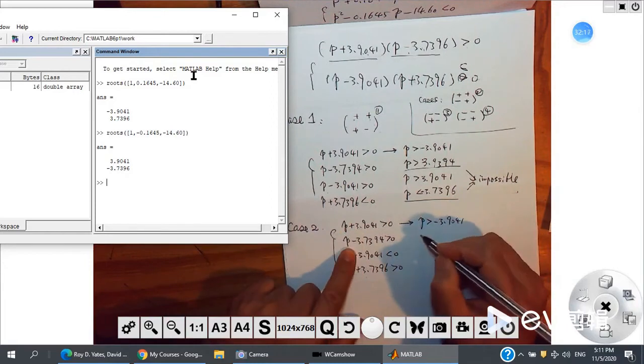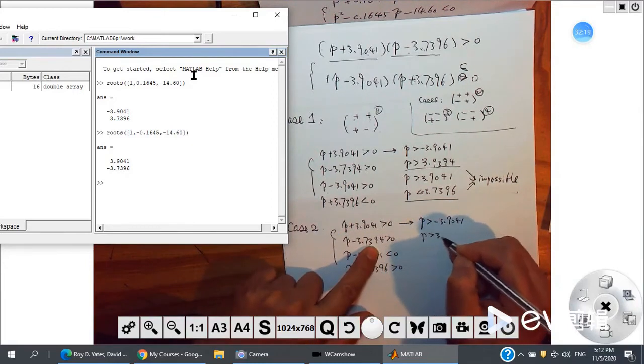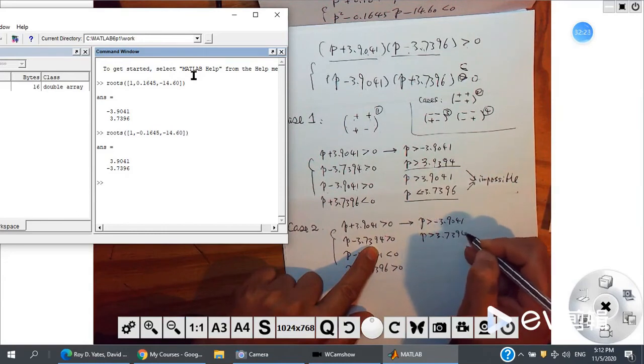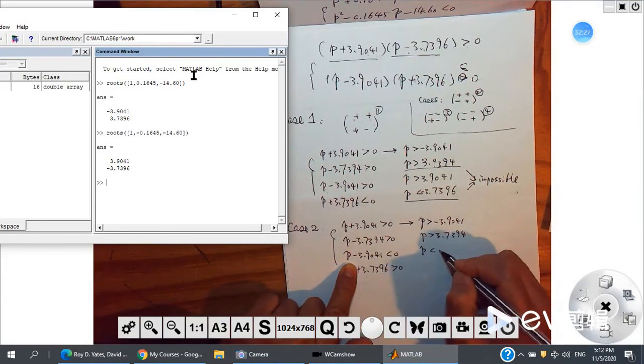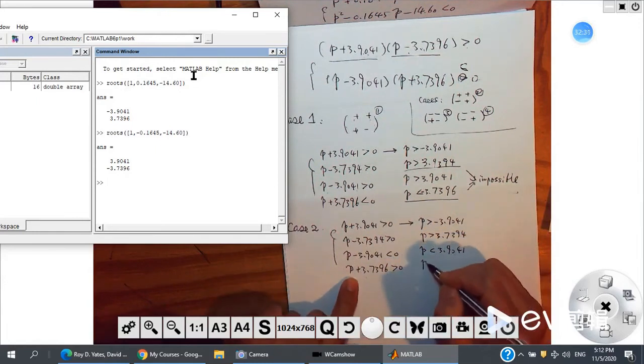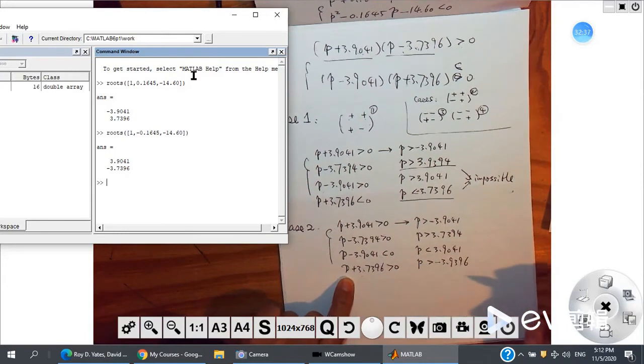These four give us P larger than negative 3.9041. Second is P larger than positive 3.7394. And the third equation gives us P smaller than 3.9041. And the last is P larger than negative 3.9396. Okay, this case we have solution.